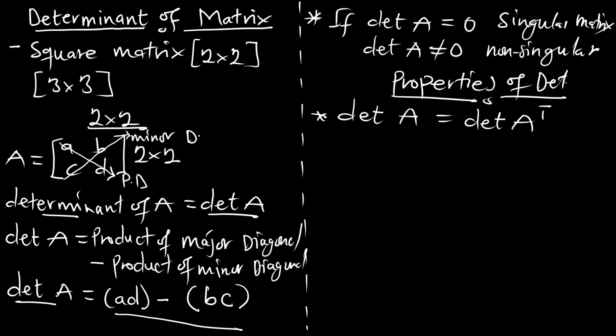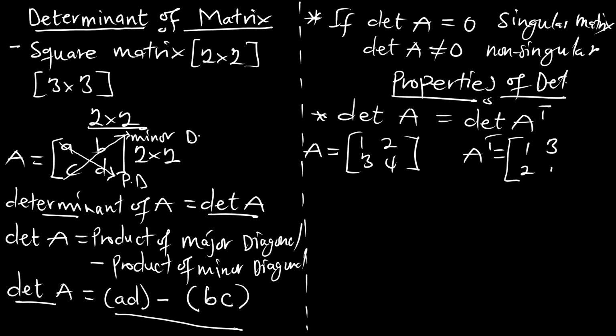Let's check. We have a matrix A, say 1, 2, 3, 4, and its transpose, A transpose, where you replace the columns with the rows, which is 1, 3, 2, 4.